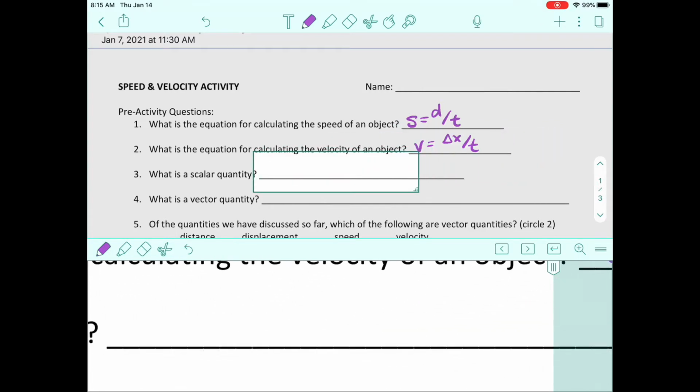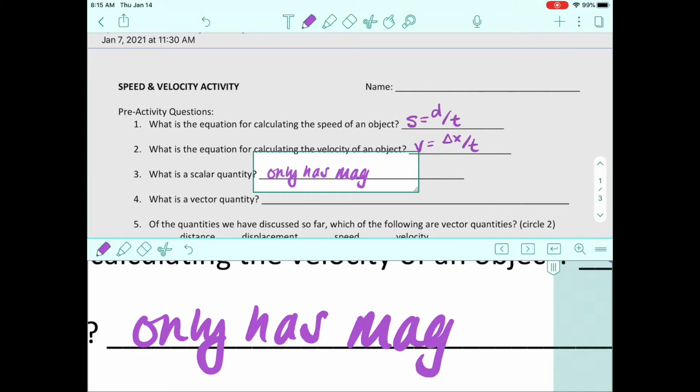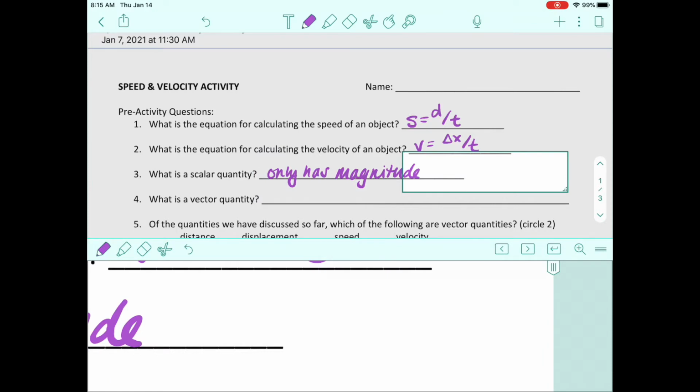So number 3, what is a scalar quantity? It is a quantity that only uses the magnitude. It only has magnitude. So that's like if something is 50 meters, you don't say 50 meters west. If it's a scalar quantity, you would just say 50 meters.